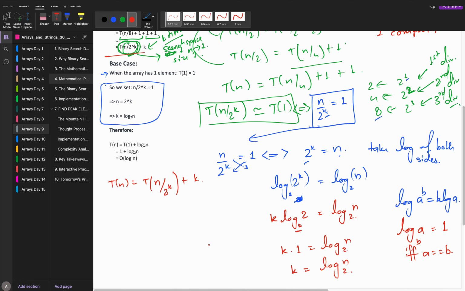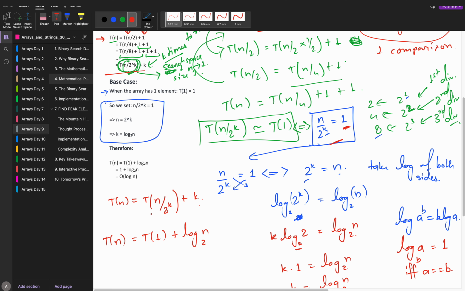Now for this T of n by 2 to the power k, we decided that the value should become 1 for this to complete. The division should halt at this particular step. So we can write T of 1, because this value has become 1 from earlier statements. And what is the value of k? We can take it from here. So plus log of n to the base 2. Tn equals T1 plus log of n to the base 2.